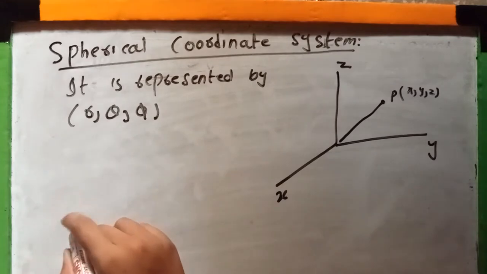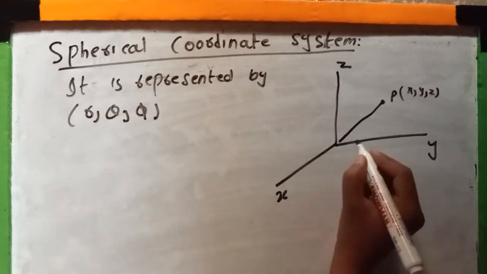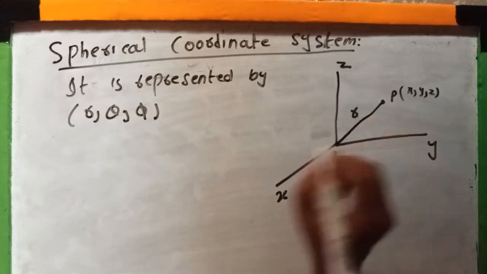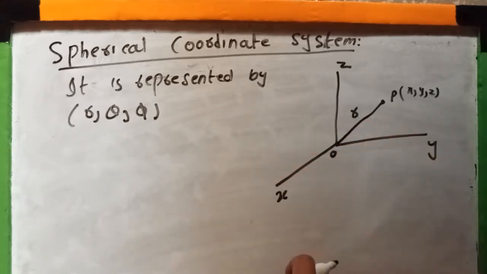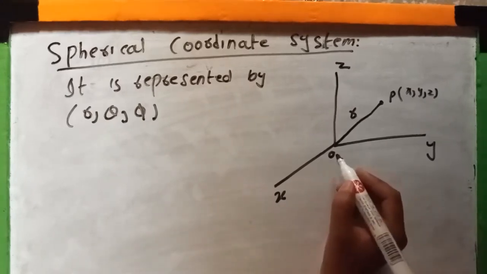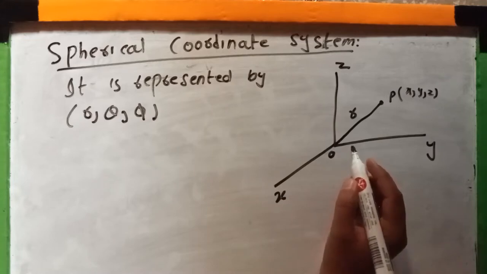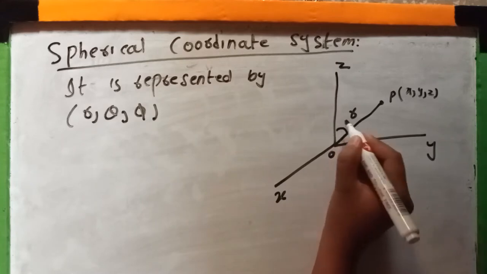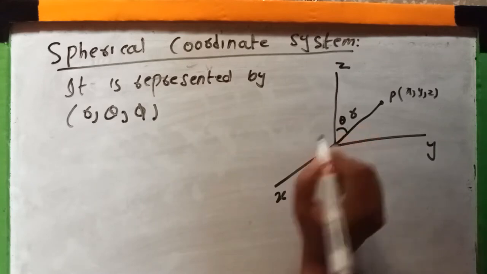First of all, what is r? r is the radius from the origin to point P. The line from the origin to point P is the radius in the spherical coordinate system and it makes an angle theta with respect to the z axis.